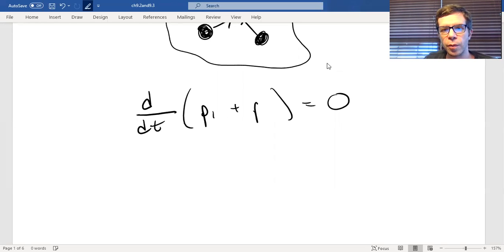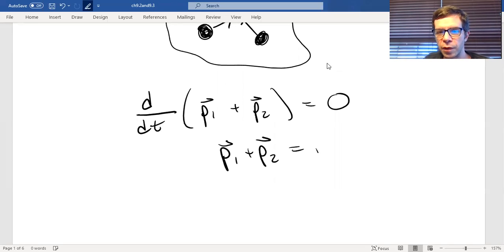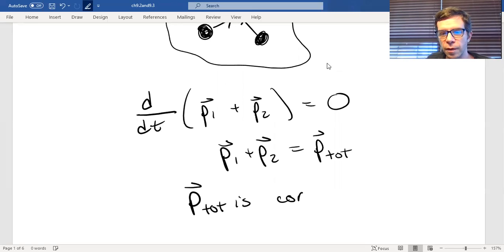All right, let's just call it P1 and P2. And we're now going to say that P1 and P2 is the total momentum because we only have the two objects. And that because the time rate of change is 0, then we know that the total momentum is constant.